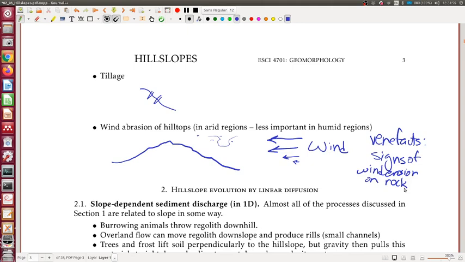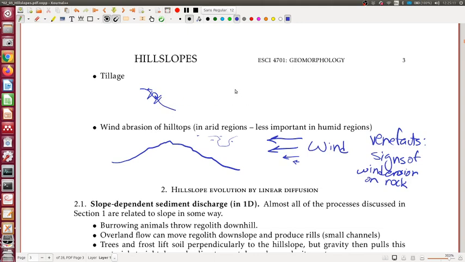All right. And so all of these processes together, and since I'm not going to get to the tillage until the next time, I'm going to cover it right here. So what this does then is that there's some of the material that will go uphill from the plow, but much more of the material will fall downhill under the force of gravity.